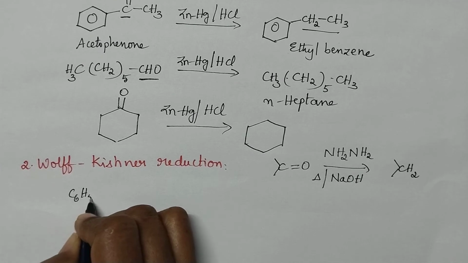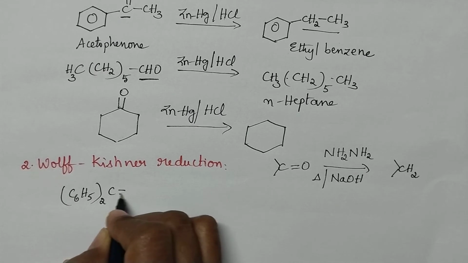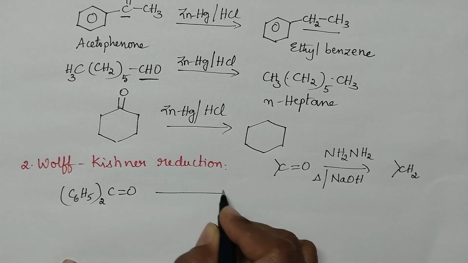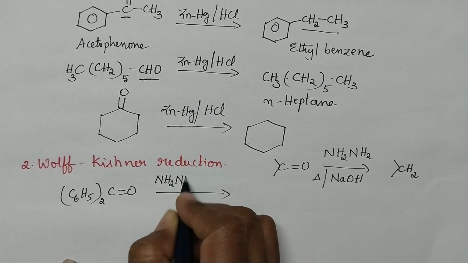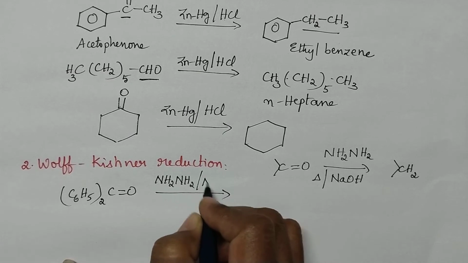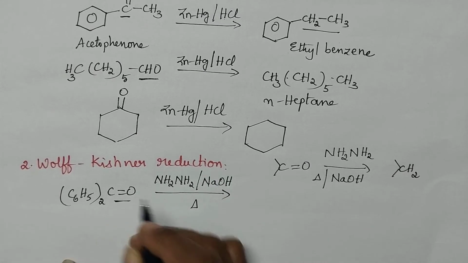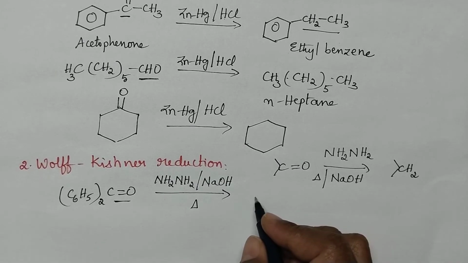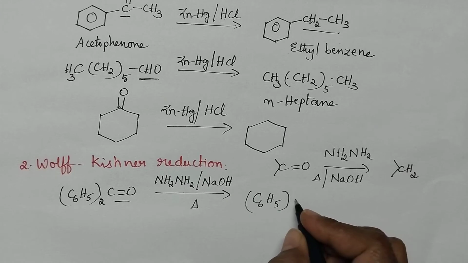Whenever we consider diphenyl carbonyl compound, it undergoes reduction when it is treated with hydrazine in the presence of sodium hydroxide. Then what happens? The carbonyl group will be converted into methylene group.